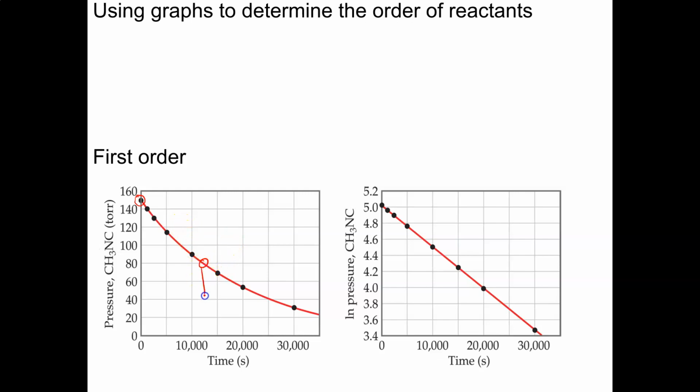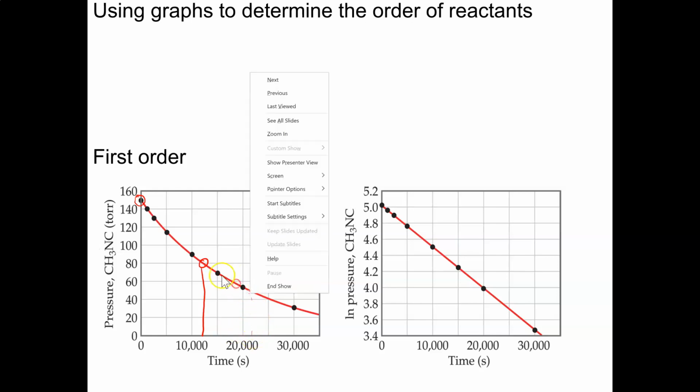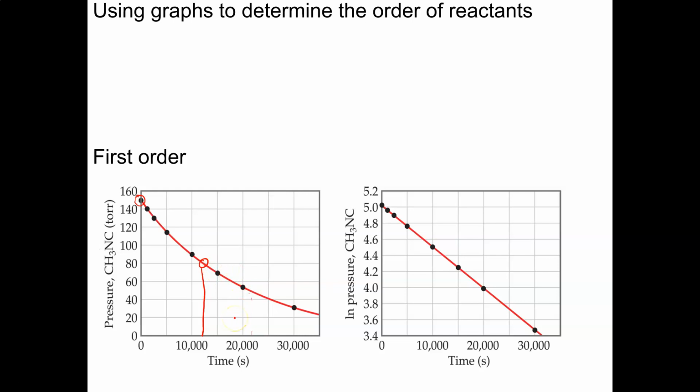So the half-life for this, if you look at the graph, is probably about 12, 13,000 seconds. So in another 13,000 seconds, which is about here, you expect it to be half again. So what's half of 75? That's about 37.5, and that's exactly what happens. So a little piece of information you get from the graph, just FYI.